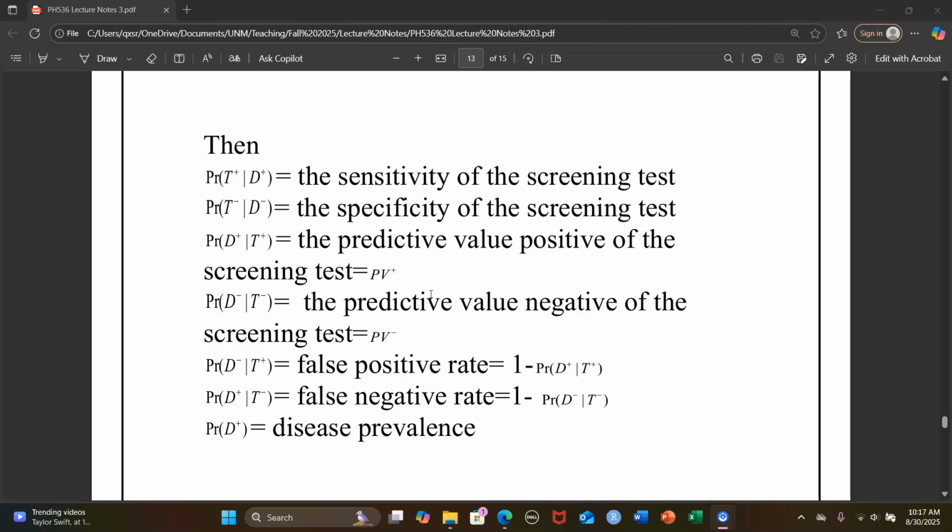And similarly, the probability of D plus given T minus: given that the test is negative, what is the probability it is actually disease positive? This is called the false negative rate, and it's 1 minus the predictive value negative. And probability of D plus is the disease prevalence.